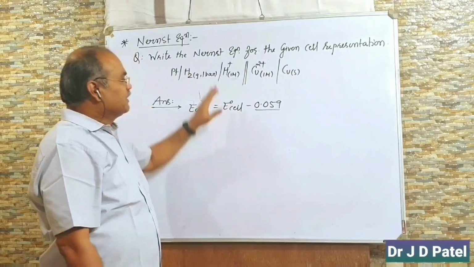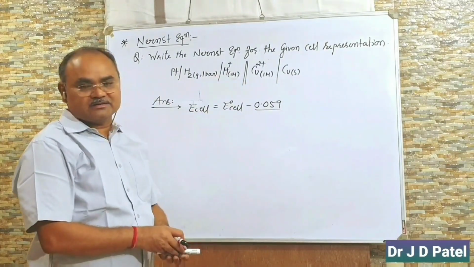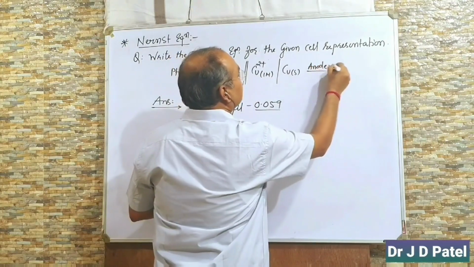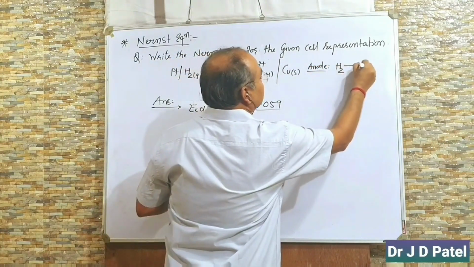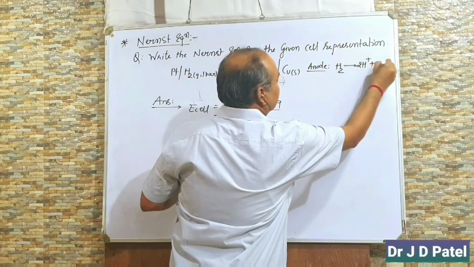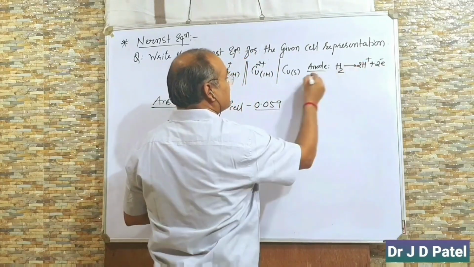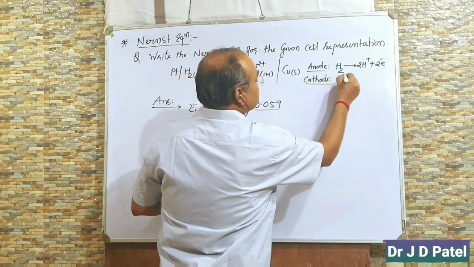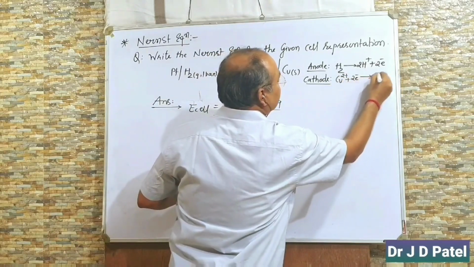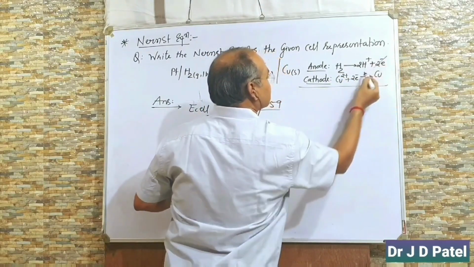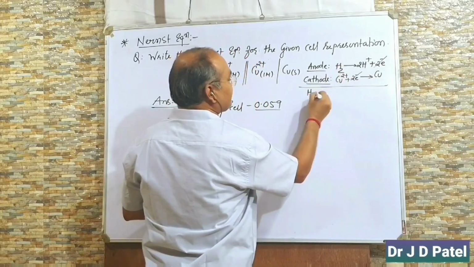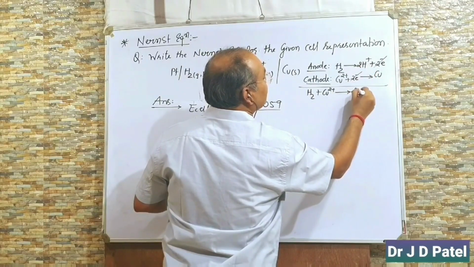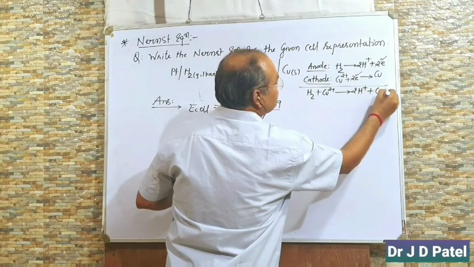I am writing the equation. Anode: H2 gas gives 2H plus and 2 electrons. After balancing I am writing the reaction. At cathode, Cu2 plus takes 2 electrons and gets deposited as Cu. The net reaction, 2 electrons cancel: H2 plus Cu2 plus gives 2H plus and Cu solid. So now you can understand the number of electrons transferred is 2, right?